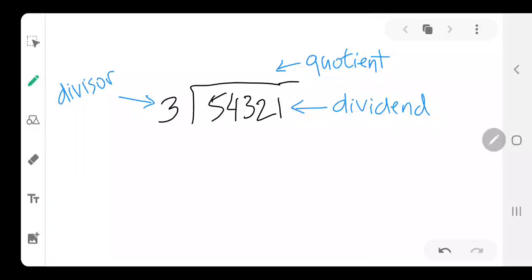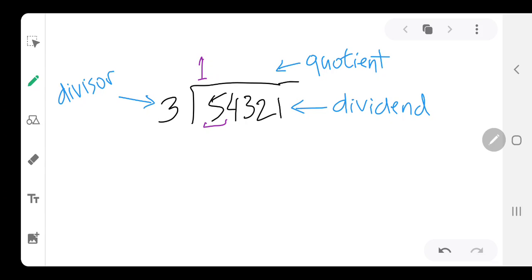So the first thing we do is we look at the first digit of the dividend and say, can it be divided by 3? And the answer is yes, because it is larger than 3. So the factor we're going to multiply 3 times to get close to that first digit, the 5, is 1.